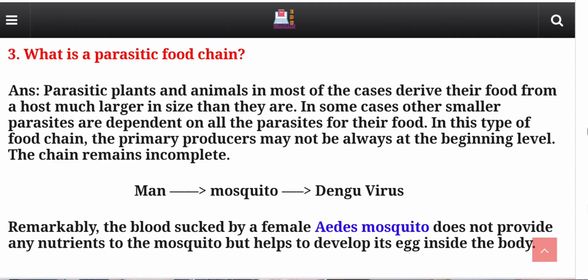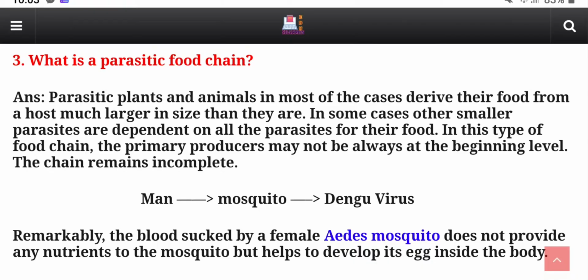Alright, so dengue virus. Blood is sucked by the female Aedes mosquito, and it doesn't provide any nutrients to the mosquito but helps to develop its eggs inside the body. Alright, so this is a parasitic food chain. Let's go to the next question.